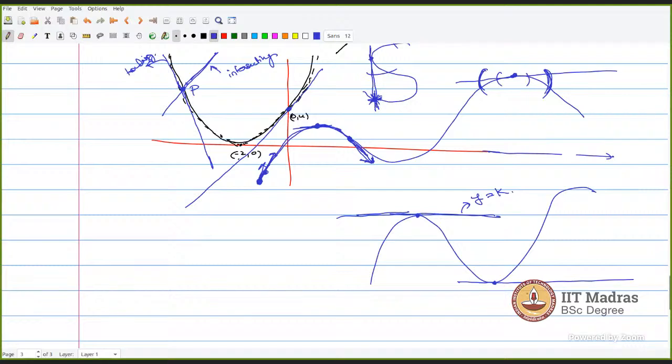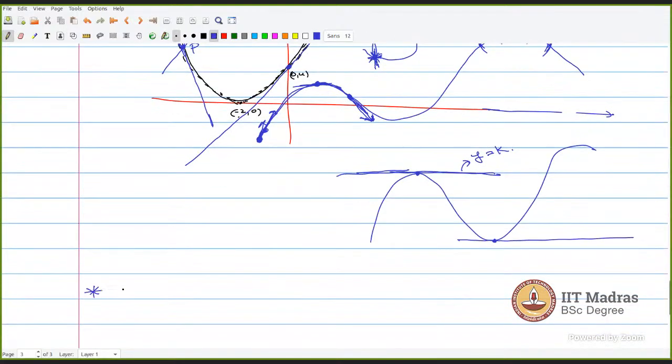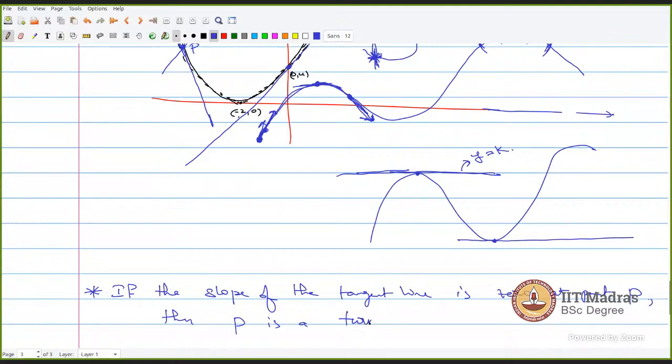So this statement will be evident: if the slope of the tangent line is 0 at point P, then P is a turning point.